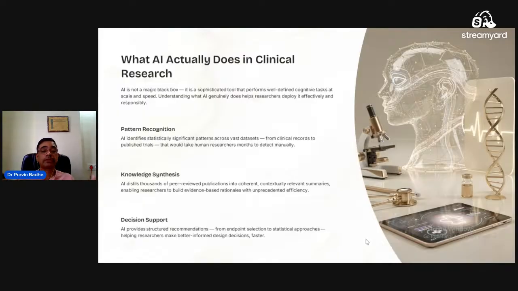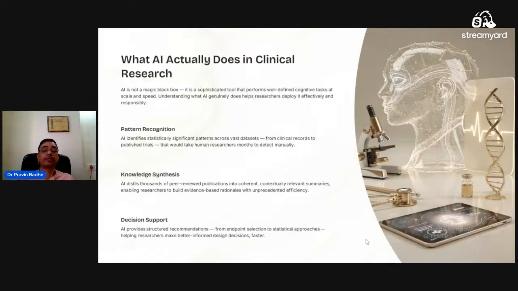Simultaneously you can synthesize by utilizing the annotation process from the publications which are already in the public domain, relevant to the project that you are doing. So that evidence can be synthesized and a rationale can be produced, so that way you can go for a decision support system to take the clinical trial further.